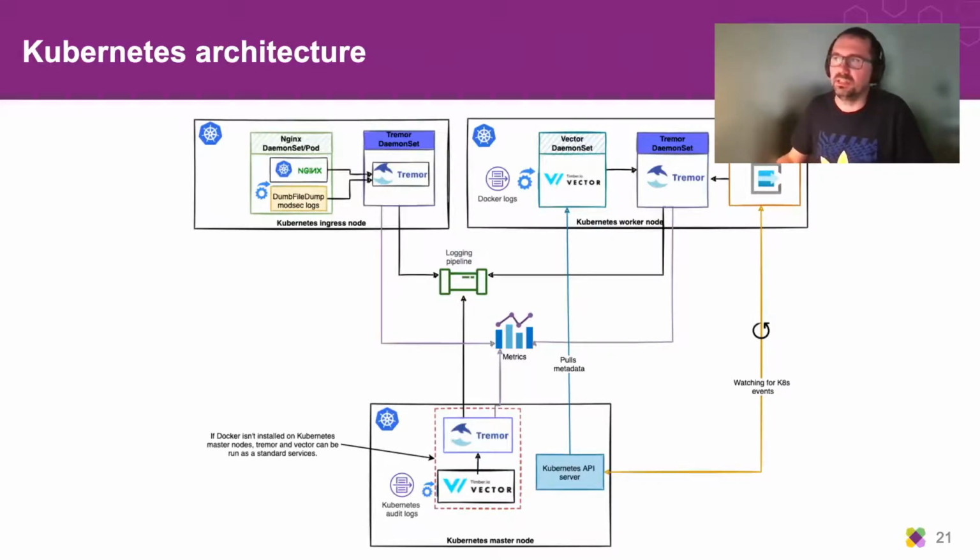There are multiple logs that we can collect from the Kubernetes platform, and there are already multiple tools, like Vector, or you can use FileBeat or whatever. For our workloads, FileBeat was not able to handle all those logs.